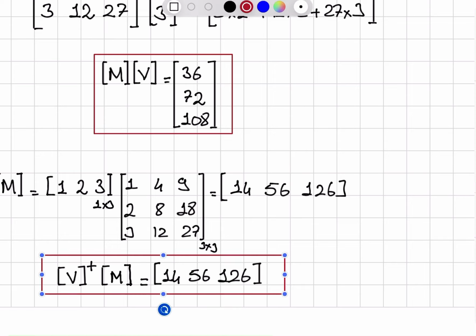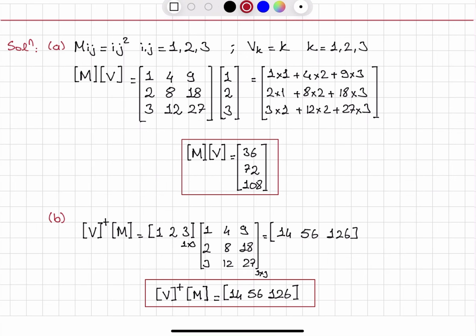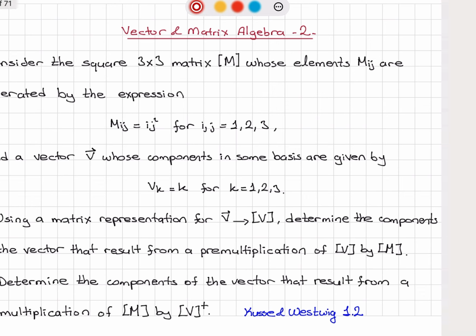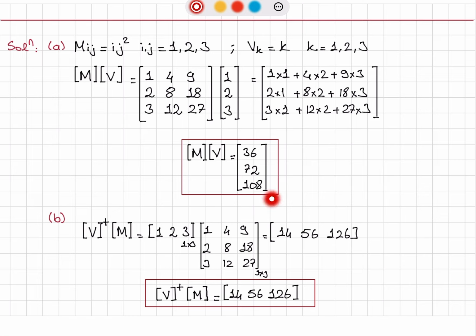Okay, so in the first multiplication, I have a 3 by 3 multiplied with 3 by 1 gives me 3 by 1, 3 rows, 1 column. Here it is 1 by 3 multiplied by 3 by 3 gives me 1 by 3, which is 1 row, 3 columns as the answer. So this answers basically the questions to parts A and B. So these are the final answers.